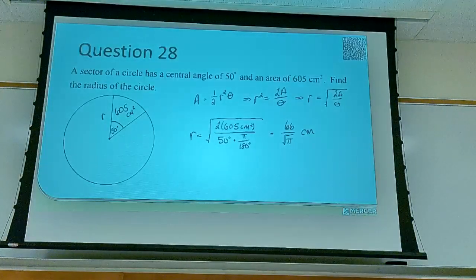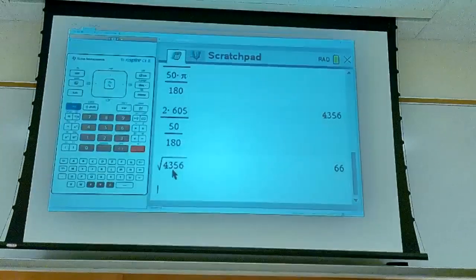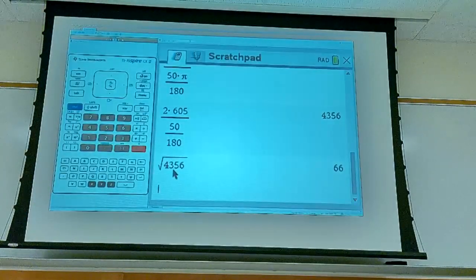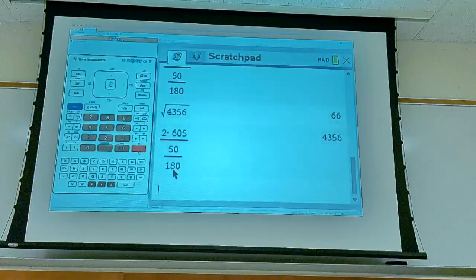So here's how I typed it in. Let me go to the calculator. Right, so I just did this, just like that, and then hit enter.